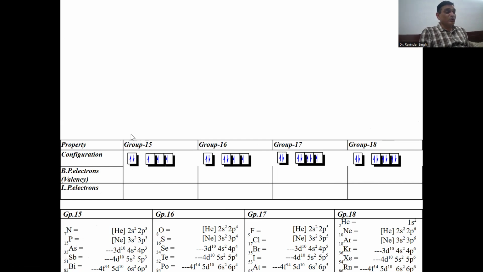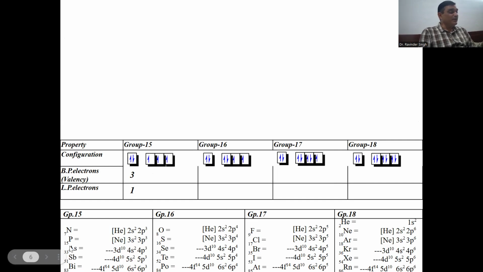Like in group number 15, the first element, nitrogen, 1s2 2s2 2p3, there are 3 unpaired electrons, and there is one pair in 2s, called the lone pair. So what are the bond pair electrons in group number 15? There are 3 unpaired electrons. Valency is 3, bond formation capacity is 3. Lone pair electrons, that is 1 lone pair, these 2 electrons are present in the form of a pair.